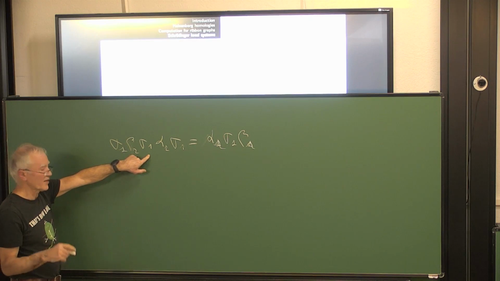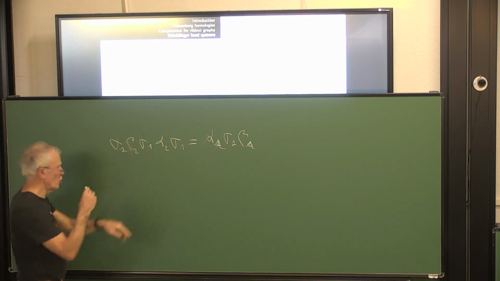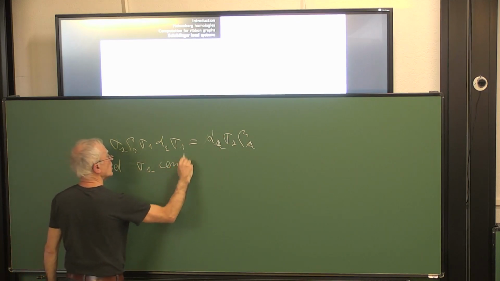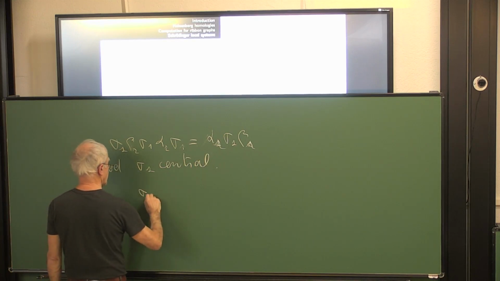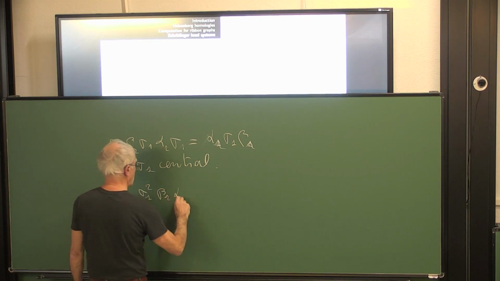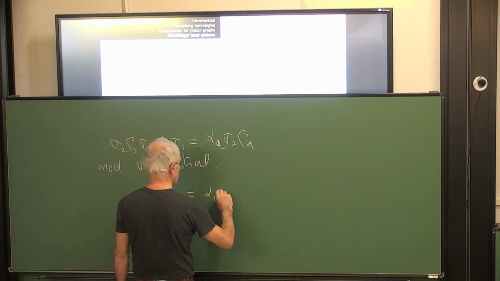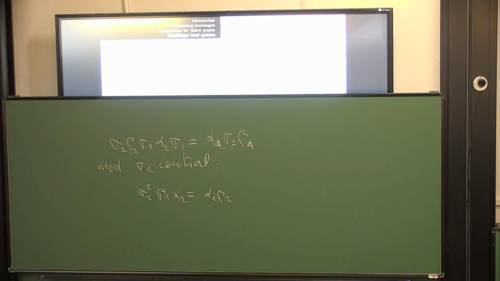But if you just make sigma 1 central, here you get sigma 1 squared, beta R alpha R equals alpha R beta R. And this is a Heisenberg relation.